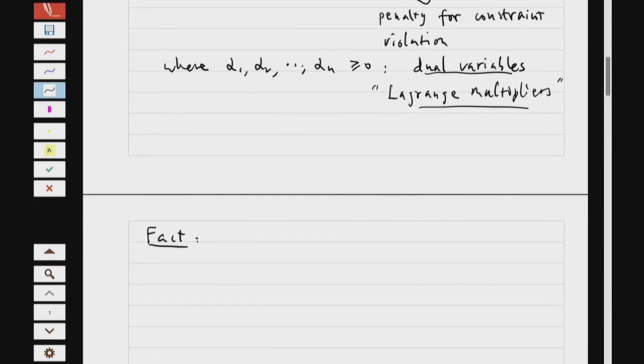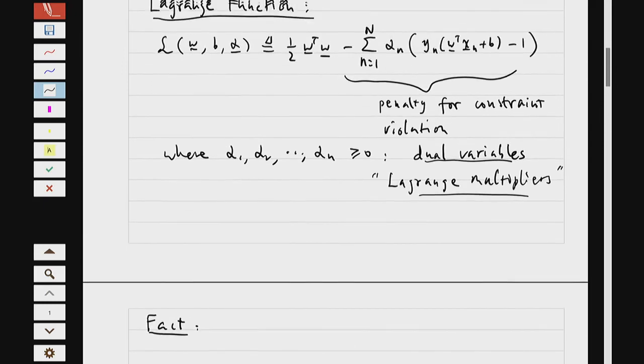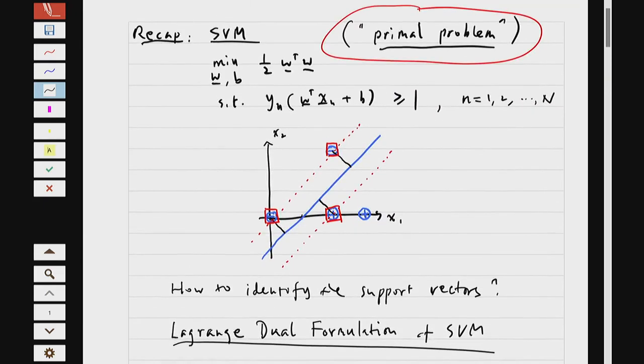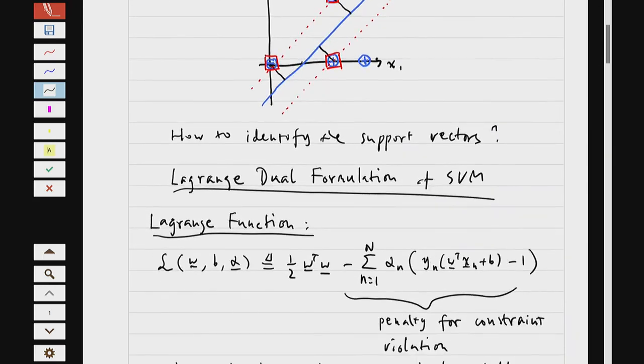So basically, it says that if the primal problem is convex, which our problem is. Remember our primal problem, the SVM problem we have shown last week, that it is a convex problem. In fact, it's a convex quadratic programming problem. So certainly it's convex. And in general, for any convex problems under mild conditions, this Lagrange method works.